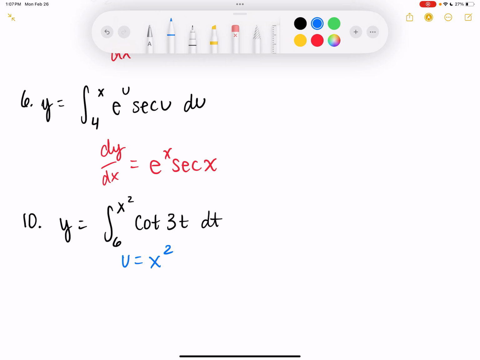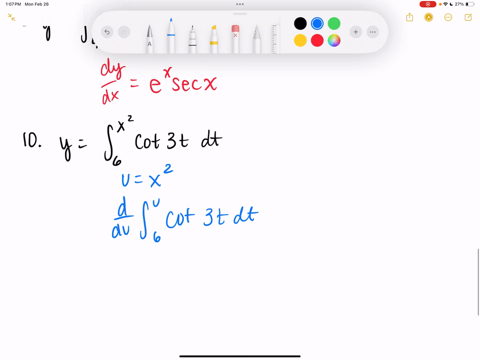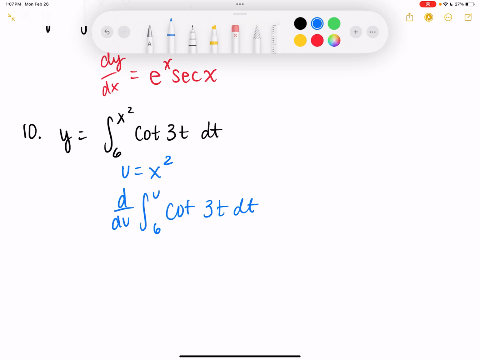So d du integral of 6 to u, times du dx. Is that where we wrote it before?